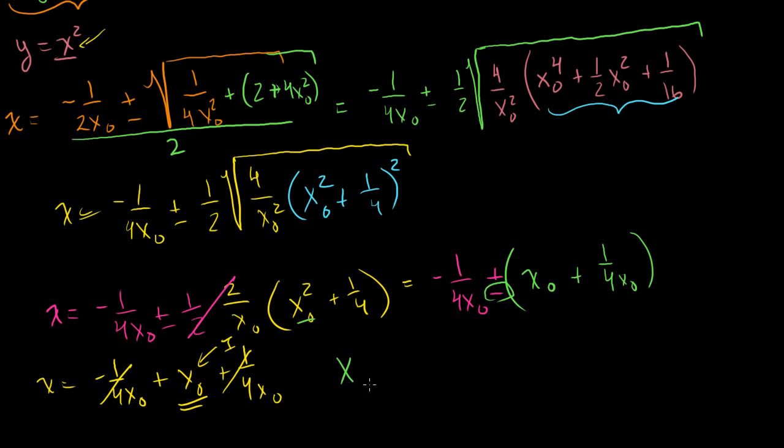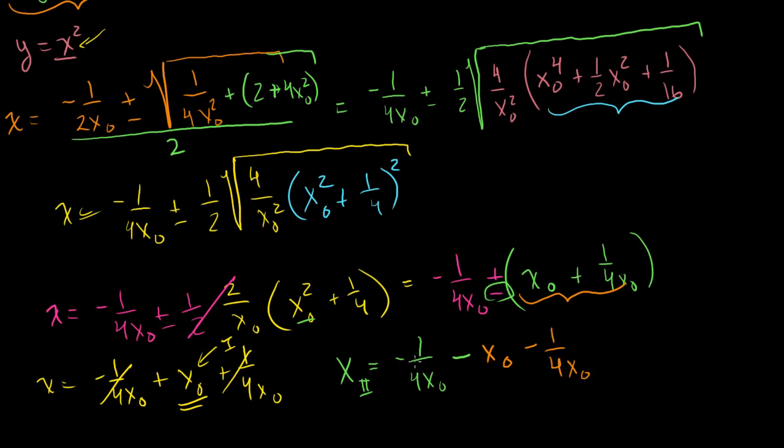So x in the second quadrant would be equal to minus 1/4 x naught minus this stuff over here: minus x naught minus 1/4 x naught.